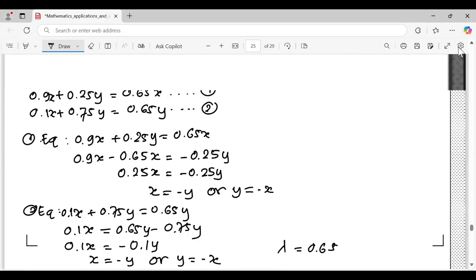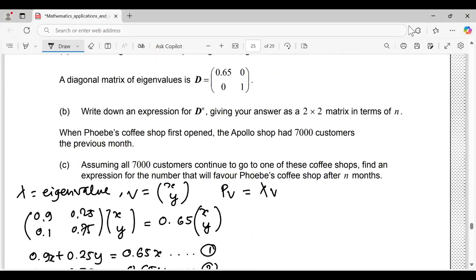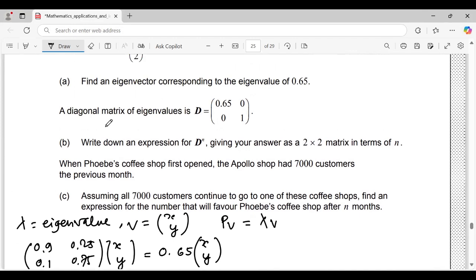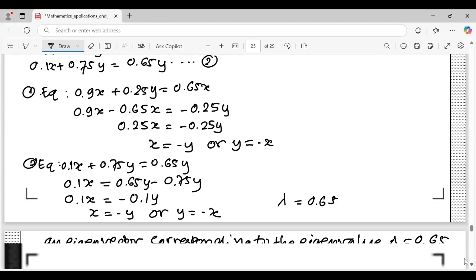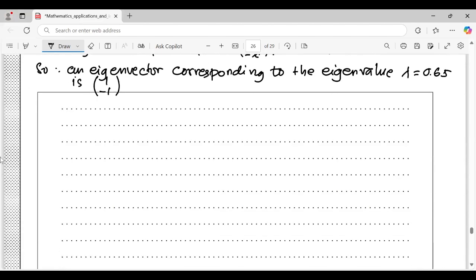Next, part B. A diagonal matrix of eigenvalues is D. Write down an expression for D to the power n, giving your answer as a 2 by 2 matrix in terms of n. The matrix D equals 0.65, 0, 0, and 1.